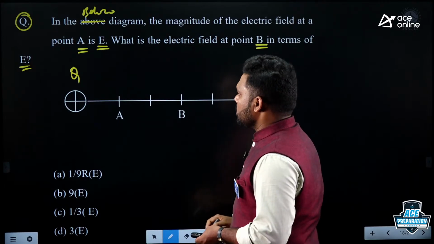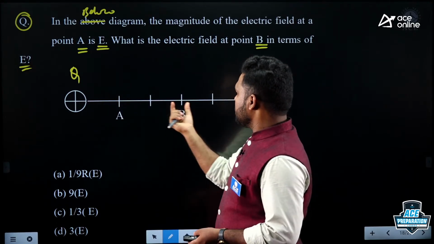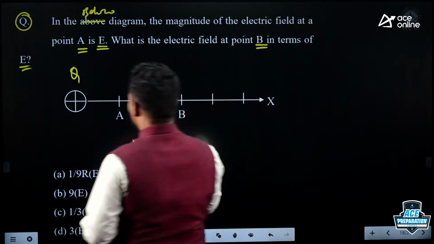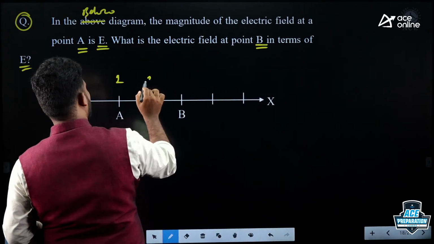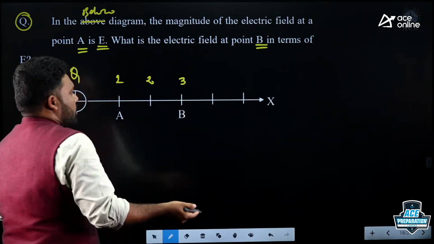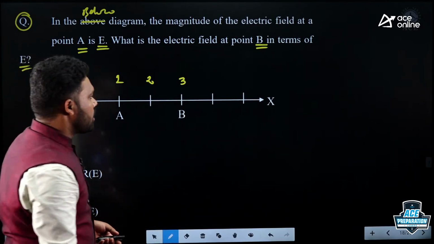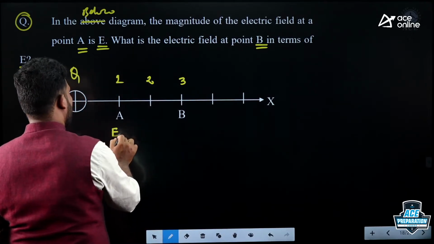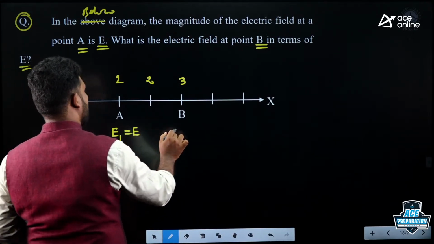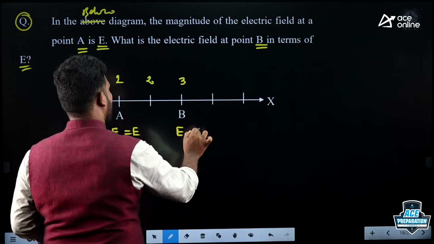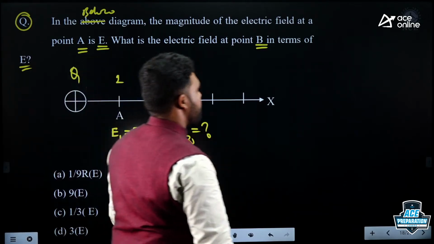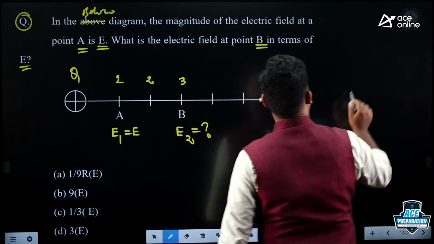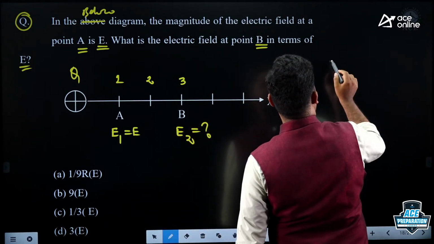So this is the first unit, second unit, third unit, fourth unit, isn't it? You can write this as 1, 2, then 3 for our understanding. Fine. So here I'll call this electric field E1 is equal to E. It is asking what the electric field E2 is. What is the electric field here?